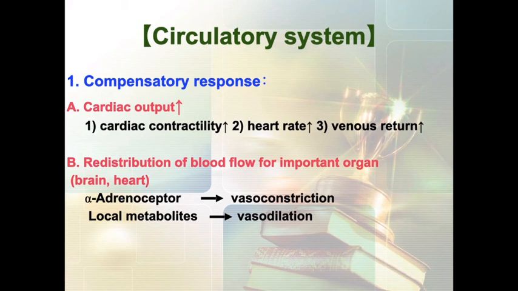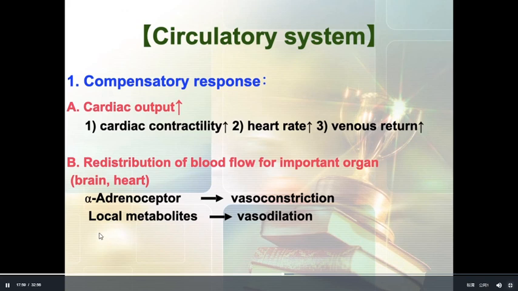And brain is the headquarters of all functions of our system. The alpha adrenal receptor reacts to lead to vasoconstriction, and local metabolites can cause vasodilation.